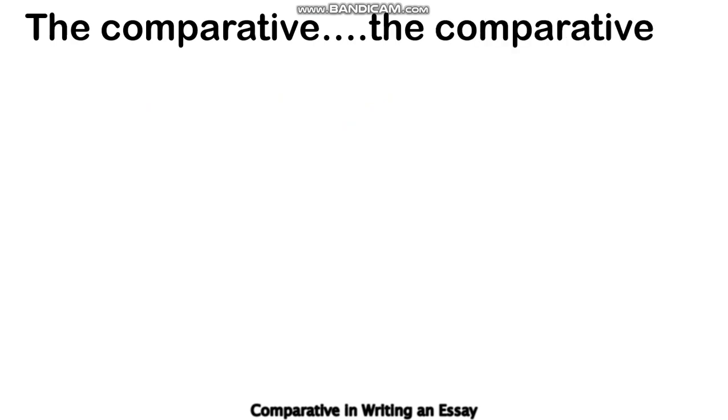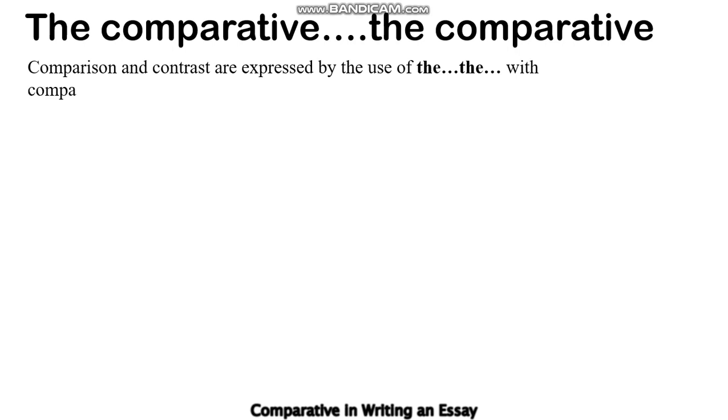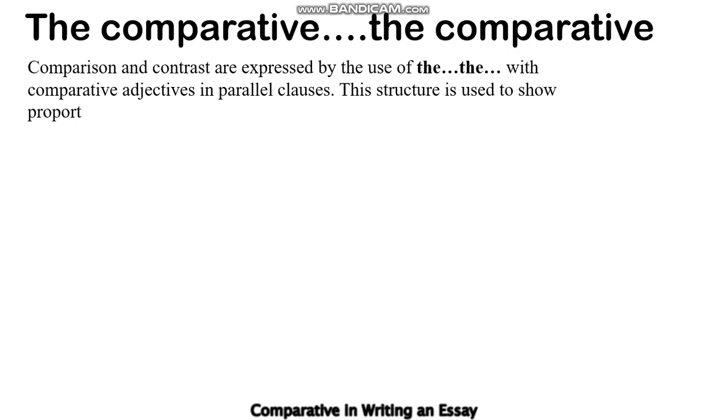And the next is the comparative, the comparative. How to use this? Comparison and contrast are expressed by the use of the with comparative adjectives in parallel clauses. This structure is used to show proportionate increase or decrease. Take a look at the example.